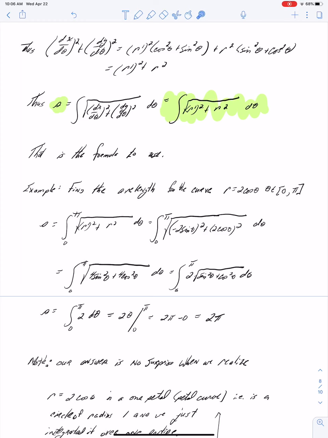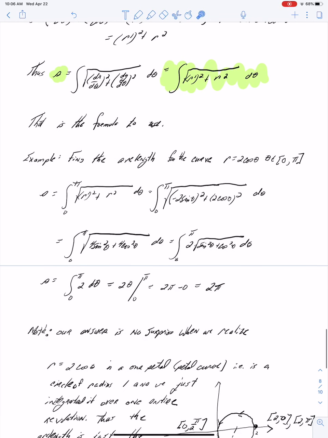So the arc length is, theta runs from 0 to pi, so I go from 0 to pi of the square root of r prime squared plus r squared. Well, there's r. So what's r prime? It's minus 2 sine theta, all squared, plus r squared, which is 2 cosine theta, all squared. Now clean it up, I get 4 sine squared theta plus 4 cosine squared theta. I can factor out a 4 from both those.